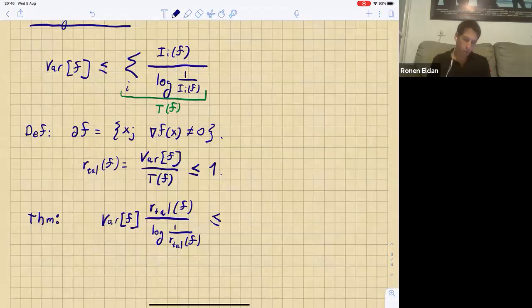But what we show is that this is also lower bounded by the measure of the vertex boundary of f.